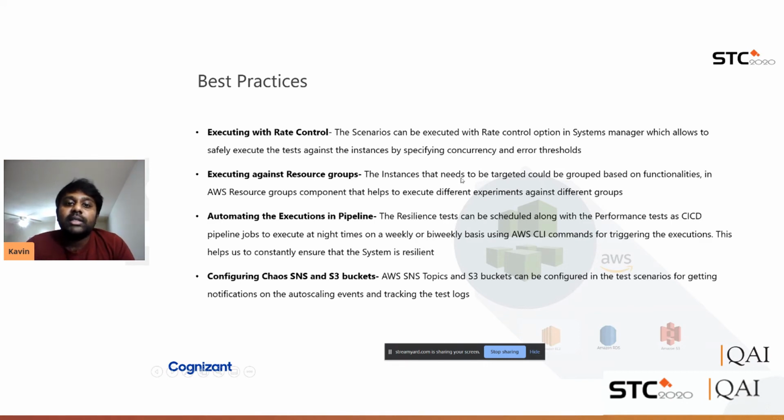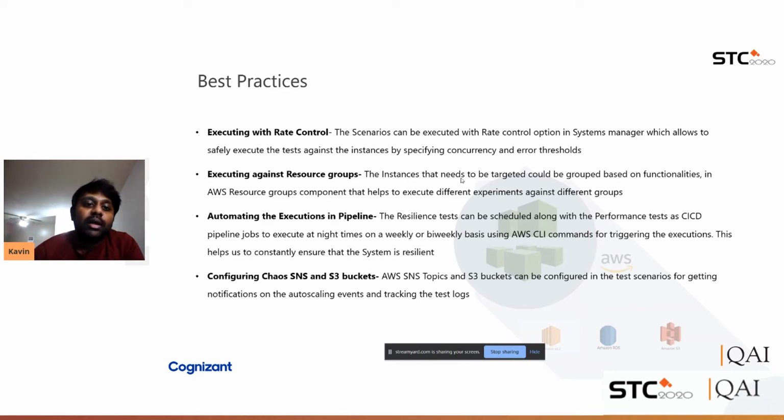Say the EC2 instances having the functionality of a particular microservice can be grouped into separate resource groups, and other APIs can be grouped into resource groups, and the chaos can be introduced into each of the resource groups in separate tests.